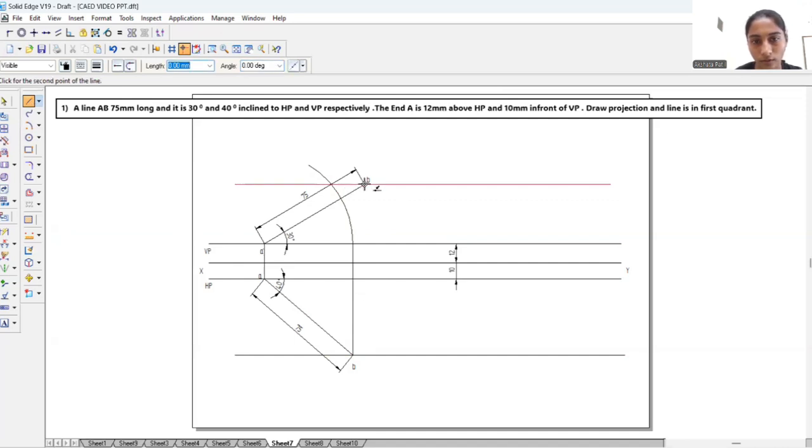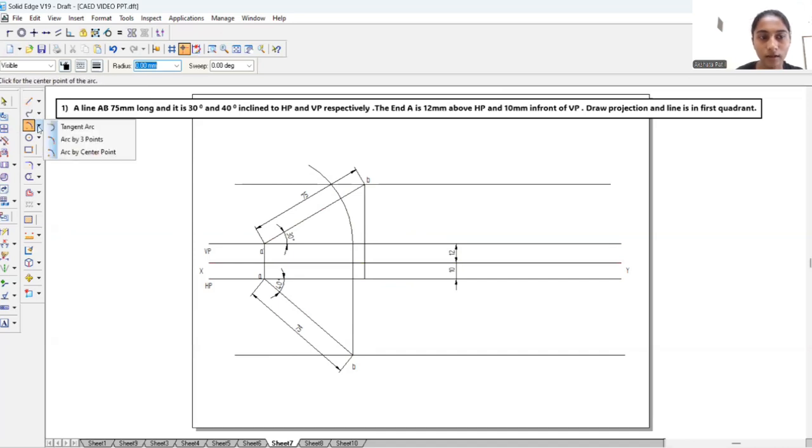First we will draw one line up to the 10 mm line, and we will take the arc by center point option and from A to this point we will draw one arc.